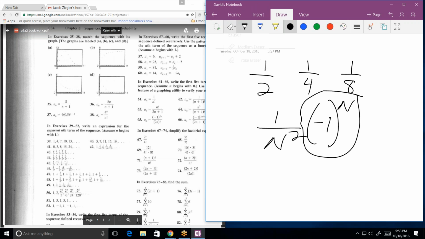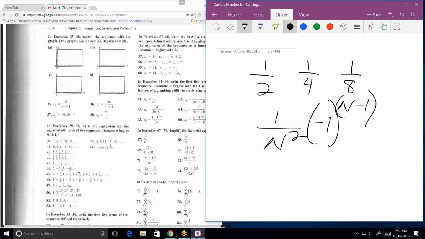Okay. Now, let's see if that works. When n is 1, the first term is minus 1, so that means this has to be like that. The first term is actually 1/2. Well, let's see. How do we get a 1/2?